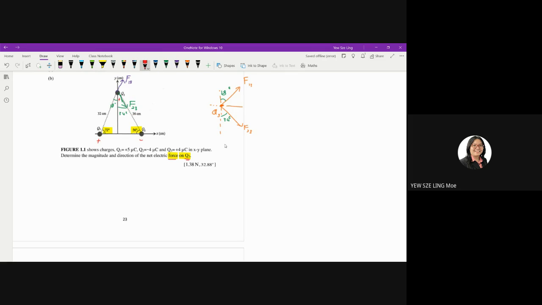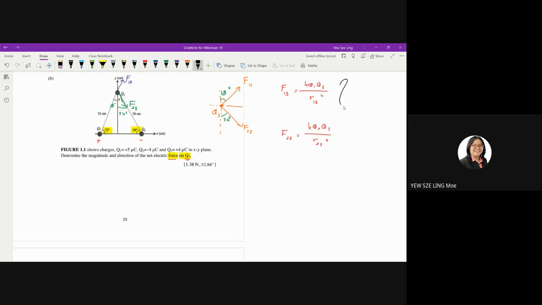All right, now that you have the free body diagram, you can proceed to the calculation. You can calculate F13 as usual by using kQ1Q3 over r13 squared, and then F23 by using kQ2Q3 over r23 squared.